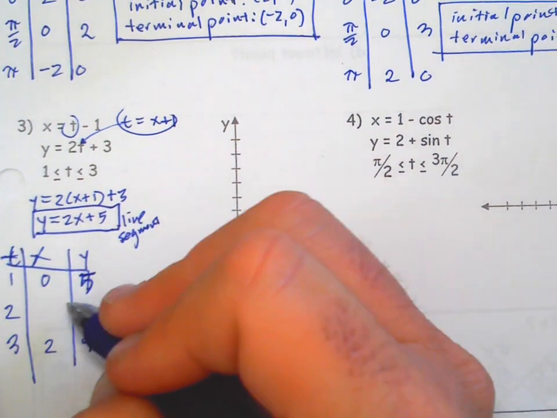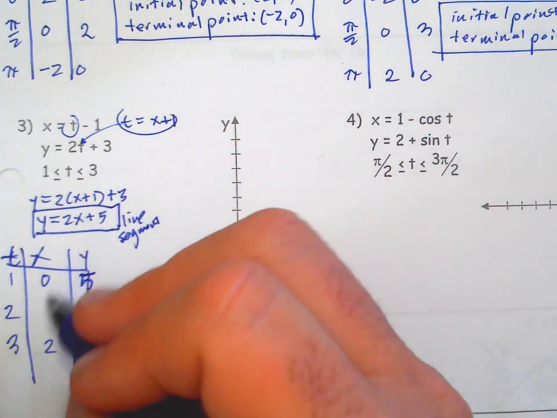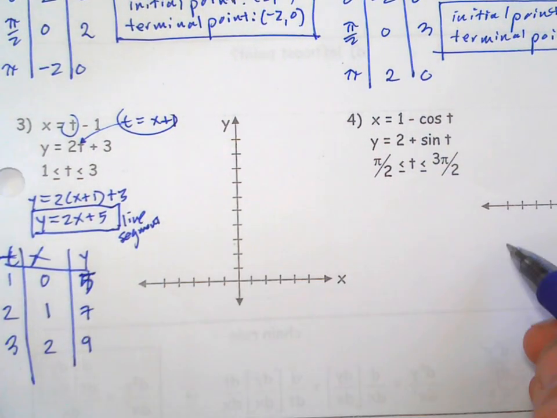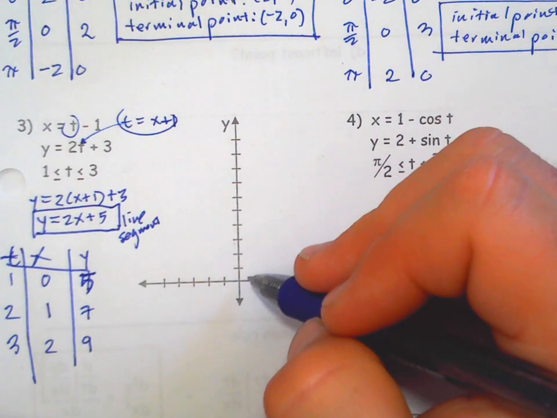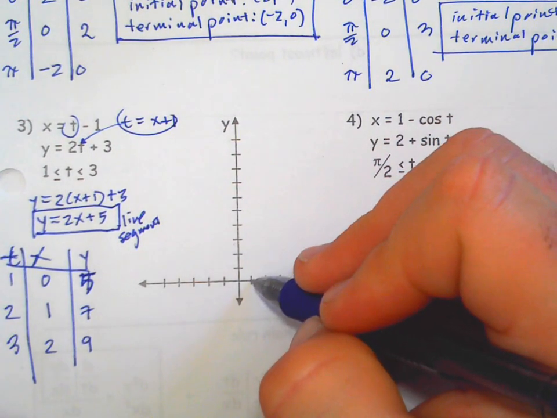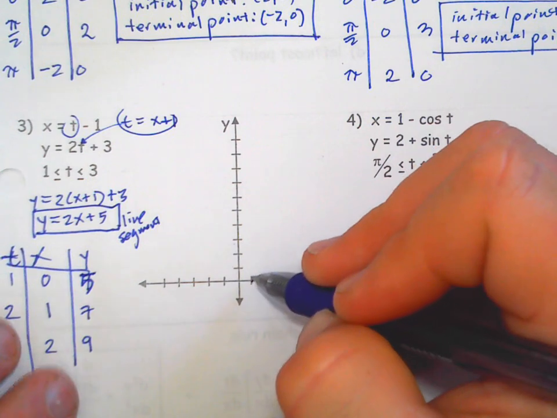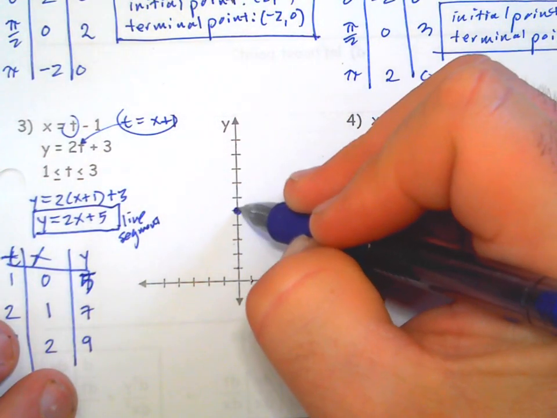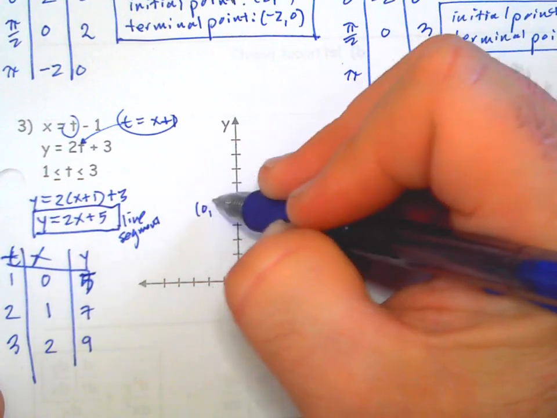Maybe plug 2 in just to, I don't know. I don't think it's absolutely necessary in these ones, but it might help you make your graph look better. So 0, 5: 1, 2, 3, 4, 5 is right here. That's your initial point.